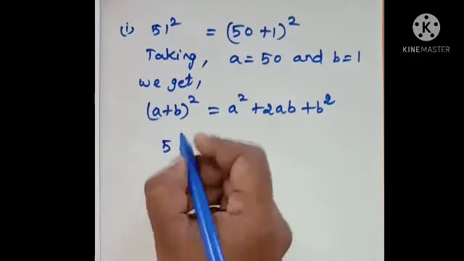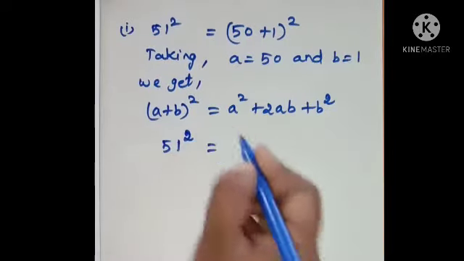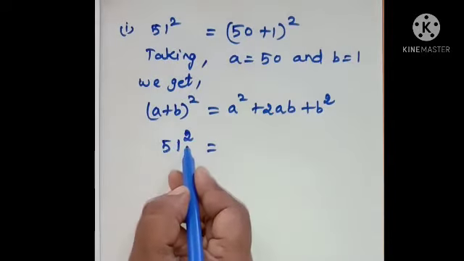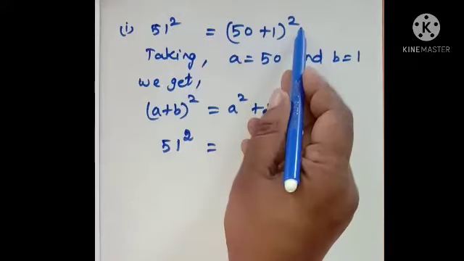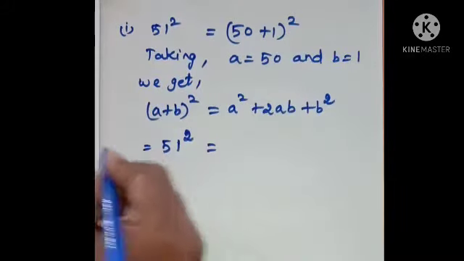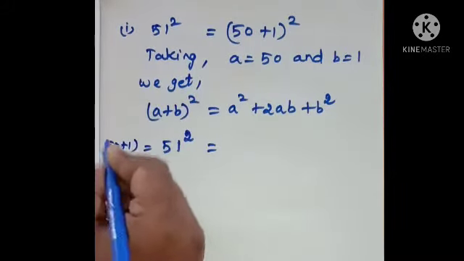Substituting a = 50 and b = 1 in this identity, we get, in the left hand side, 51², which is the same as (50 + 1)².